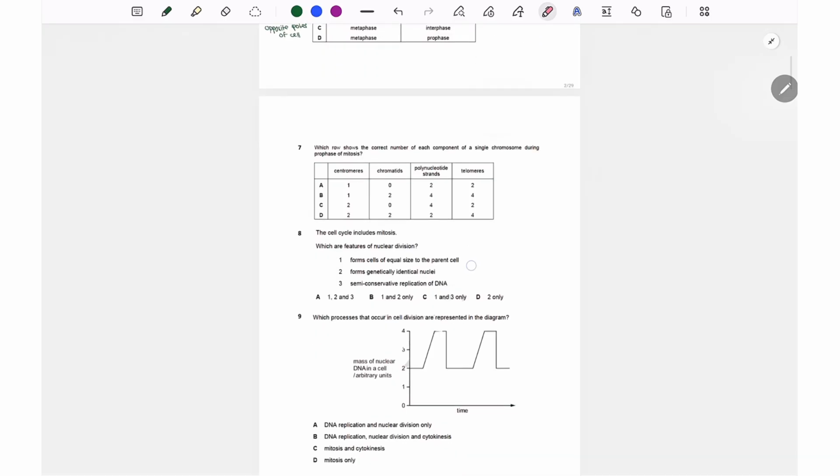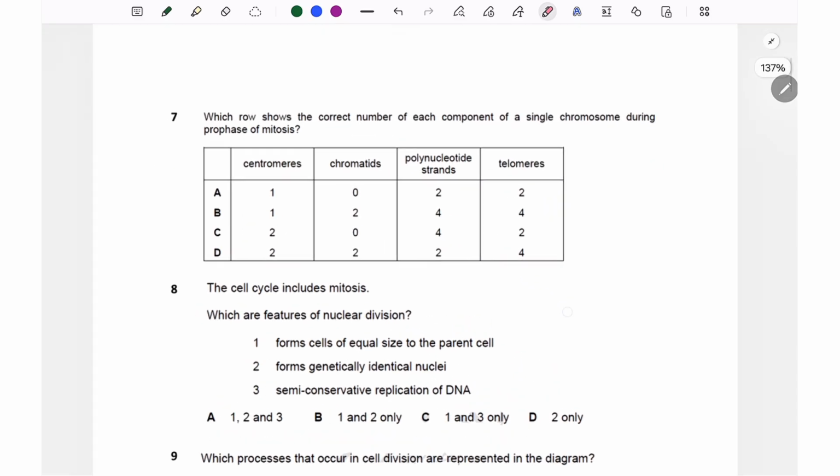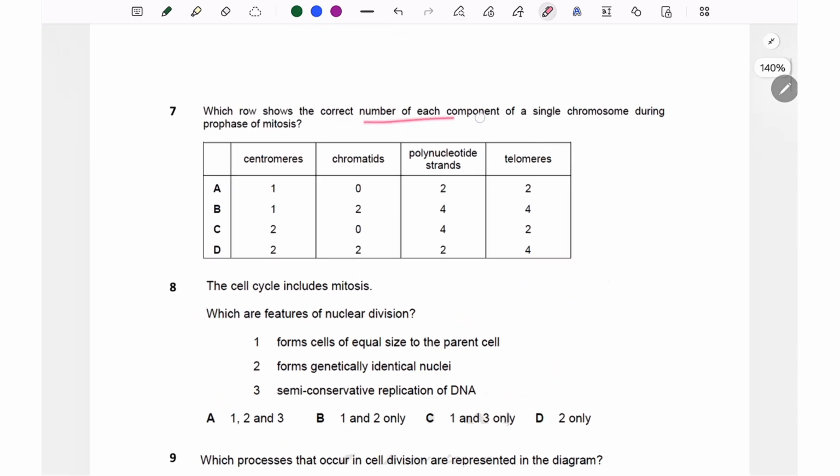Moving on to the next page. Which row shows the correct number of each component of a single chromosome during prophase of mitosis? Okay, so during prophase, what we know is that there will be two sister chromatids joined at one centromere, and each chromatid is a DNA double helix.